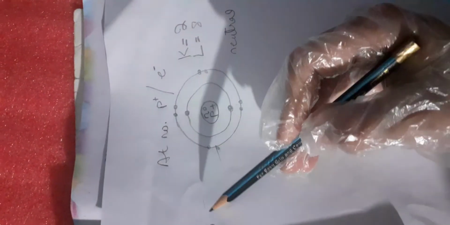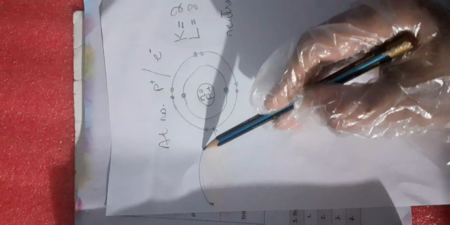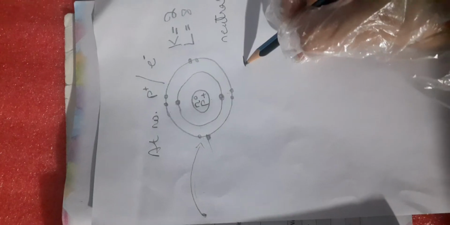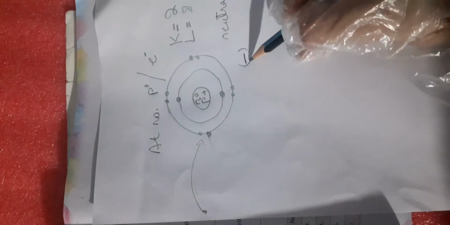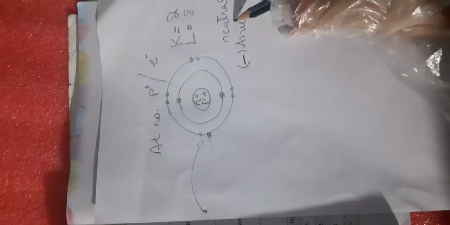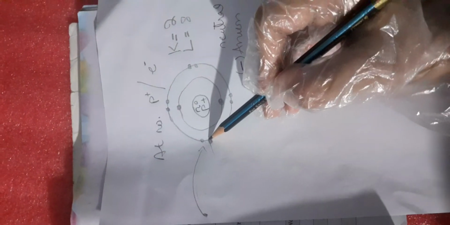So what will it do? It will find, as soon as it finds an electron outside, it will just attract that electron into it. And whenever an atom attracts or gets an electron from outside, we say that it is now a negatively charged ion. And negatively charged ion is known as anion. So what do we have now?